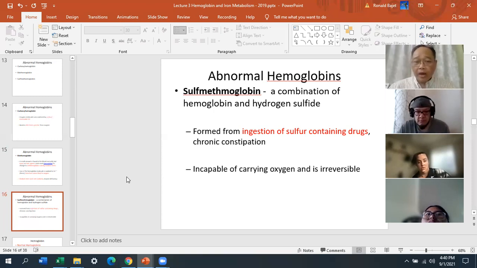Unfortunately, with sulfhemoglobin, it's not reversible. Usually if you take a drug and it creates a problem, the remedy would be to stop the drug. Well, in this case, if you find out that you're creating sulfhemoglobin, it's not as easy as stopping the sulfur drugs and having it go away. It creates a hemoglobin that's incapable of carrying oxygen, and it's not reversible.